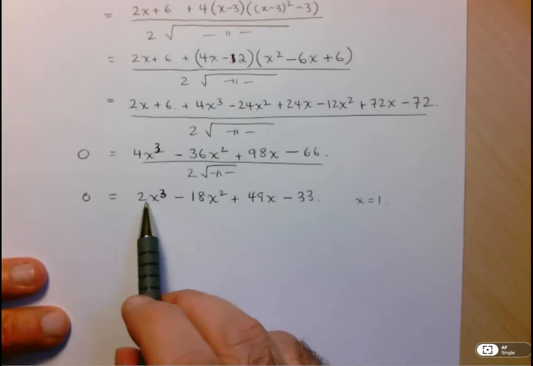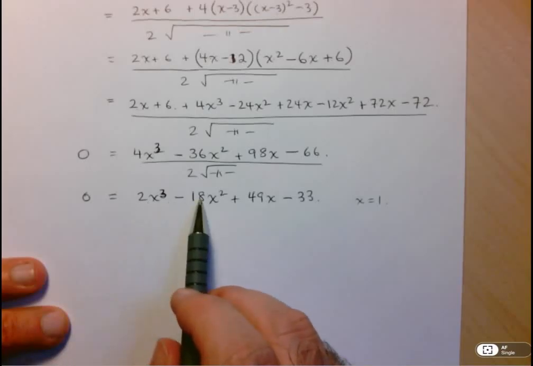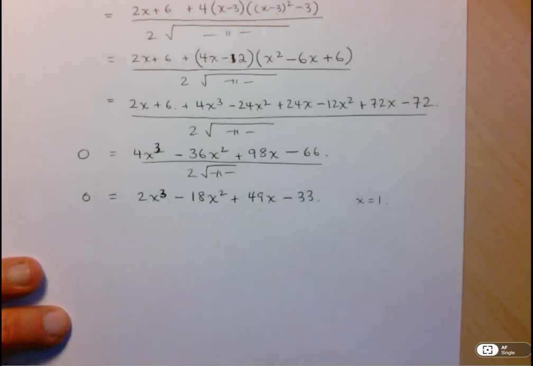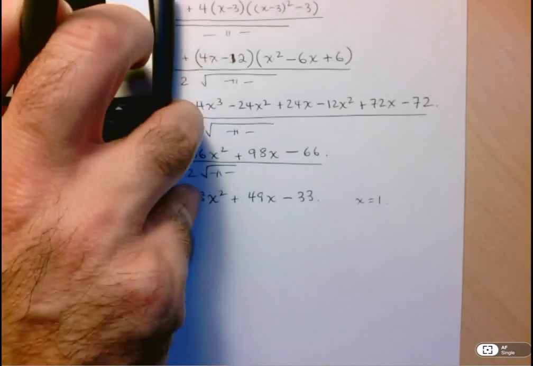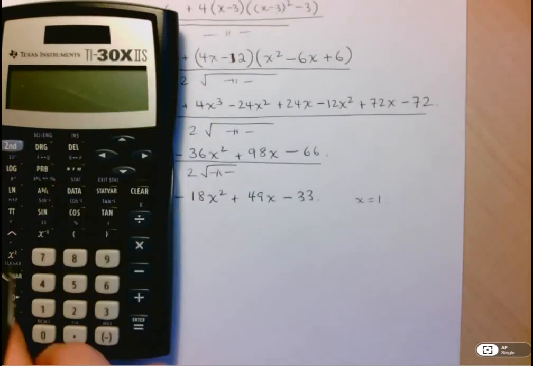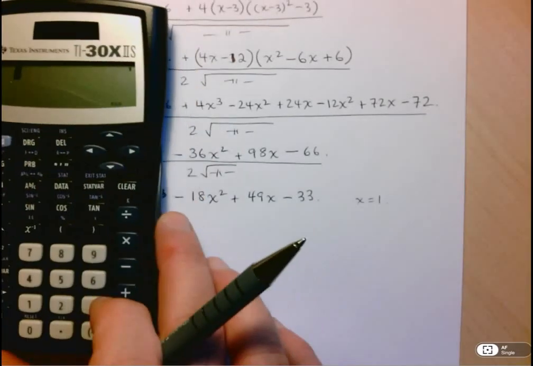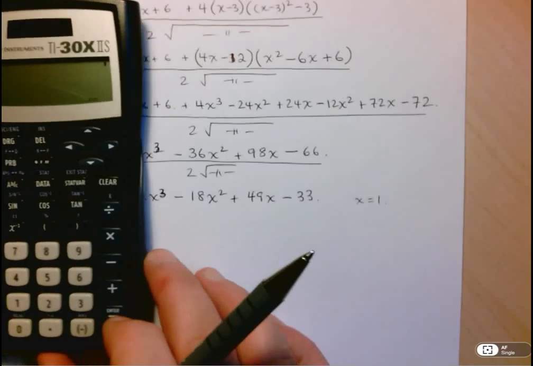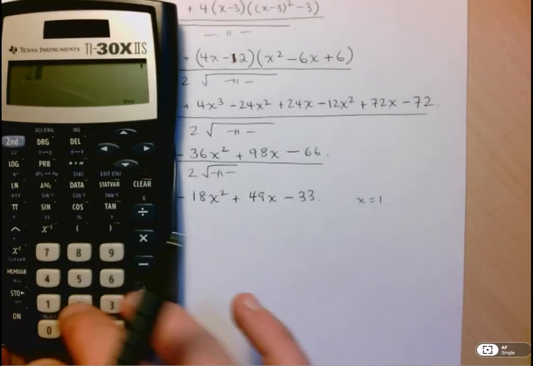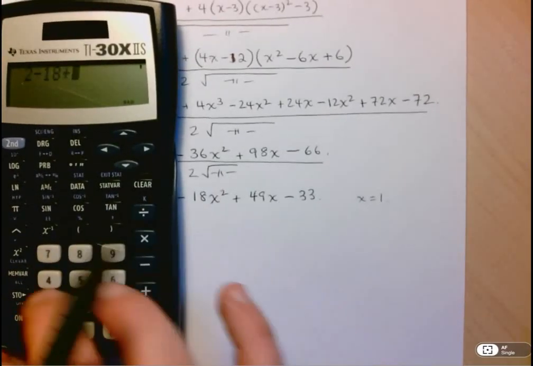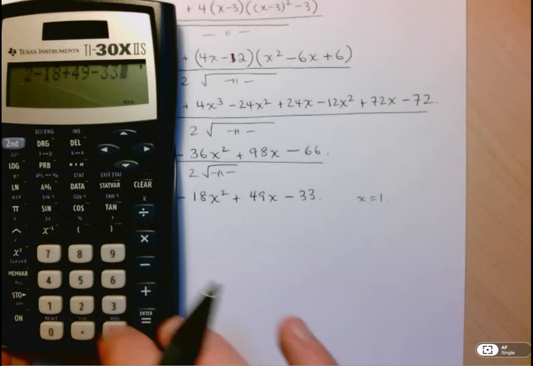So what do we have? We have 2 minus 18 is negative 16 plus 49. You know what? I think this is going to work, but let's just not take any chances and use our calculator. So again, we have 2 minus 18 plus 49 minus 33.